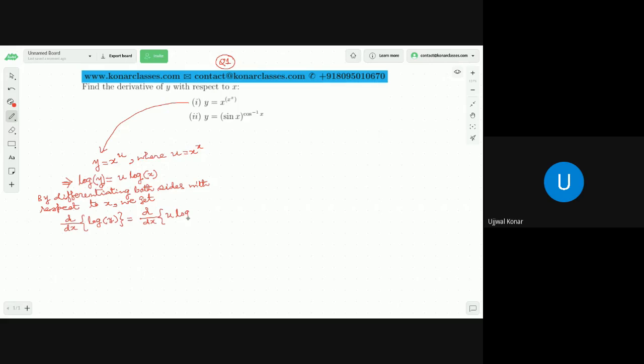Correct, no, dear students? U into log x.